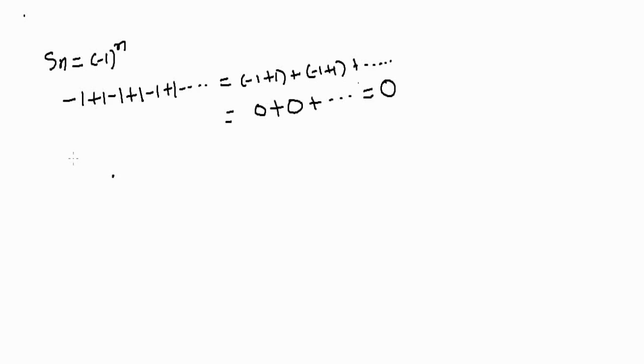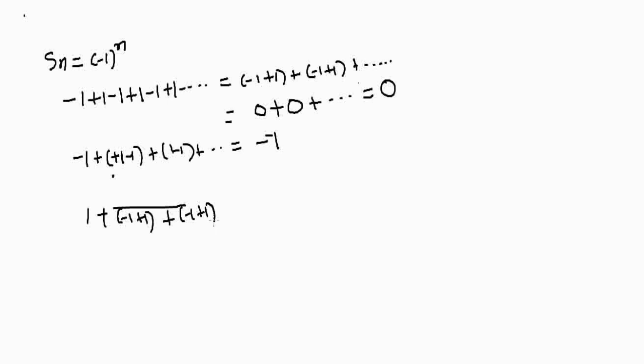Or if we add like this, minus 1 plus minus 1 plus 1 minus 1 plus 1 minus 1 plus, then we get minus 1. If we add the sequence like this, first writing a plus 1, plus minus 1 plus 1 plus minus 1 plus 1 plus, we get plus 1.